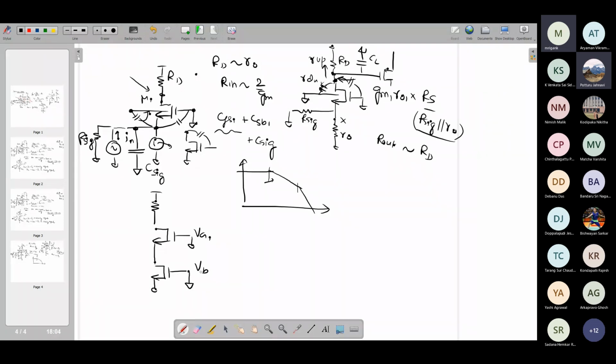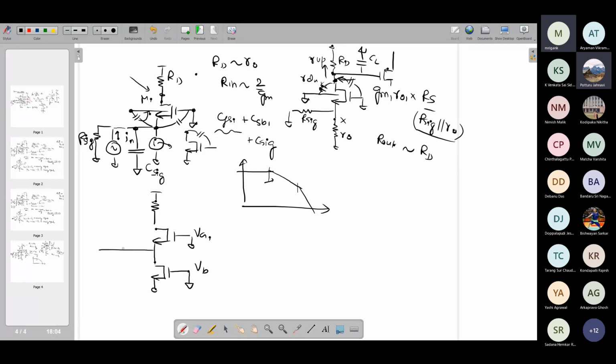Ultimately, it is coming from a current mirror, so this can be VB. And then you have basically the input, the input referred current source. For input referred current, I need to find out the net equivalent noise current at the input resulting from all these devices.